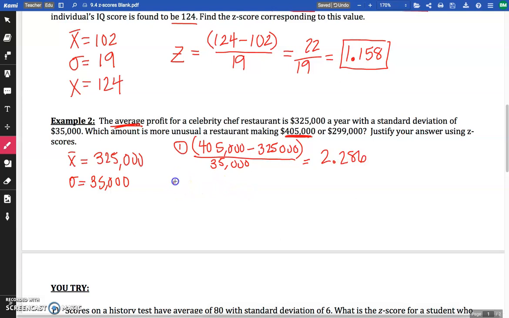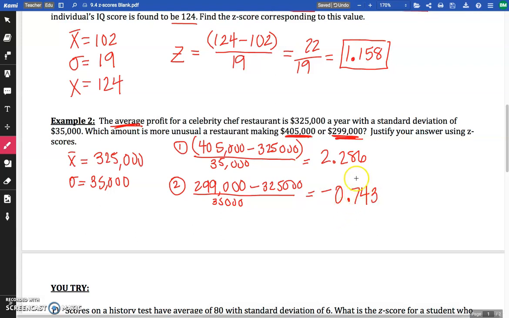Now let's do the same for the other. So here's my other actual data point, 299,000, but the mean and the standard deviation stay the same. This time I calculated, here I got a negative z-score, so negative 0.743.